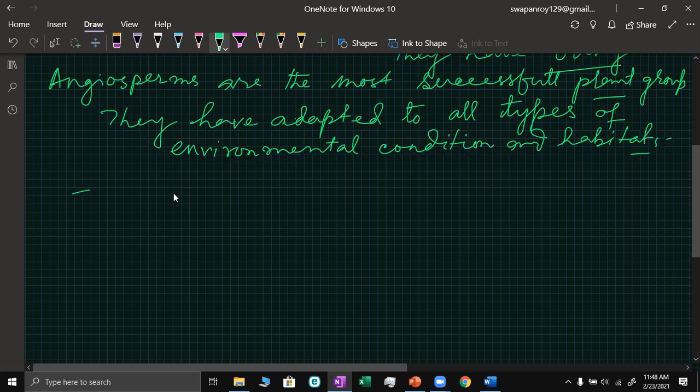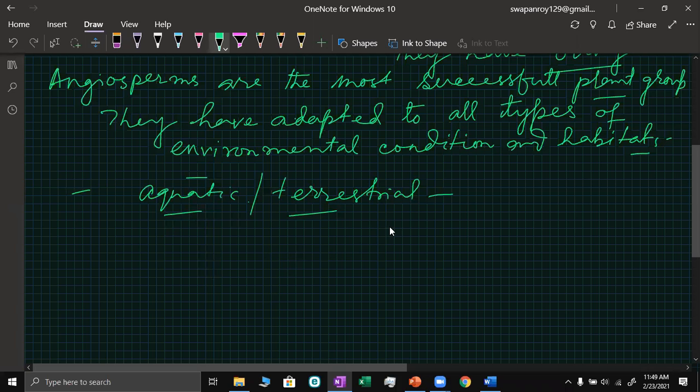They are very flexible in all sorts of habitat, whether it is aquatic or terrestrial life.